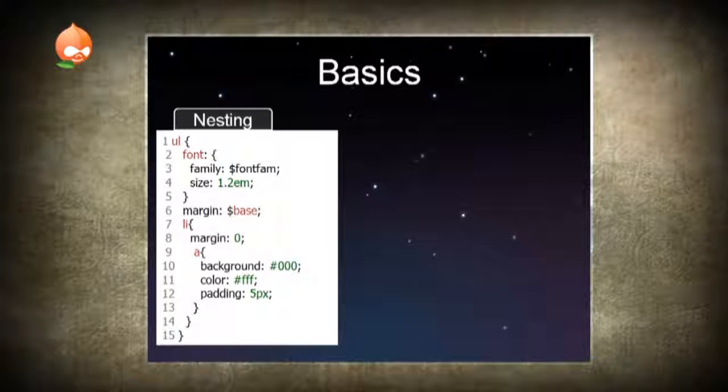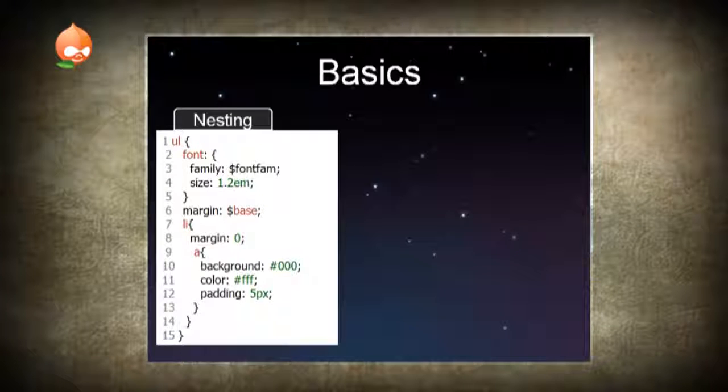One of the really cool things is this nesting ability, and it's one of my favorite parts of writing in the language, because it creates this visual hierarchy of what's going on in the style sheet. Also saves characters. I don't know how many times I've written code similar to this for a menu where you have an unordered list and then list item inside of that, anchor link, and you have to write each one of those out.